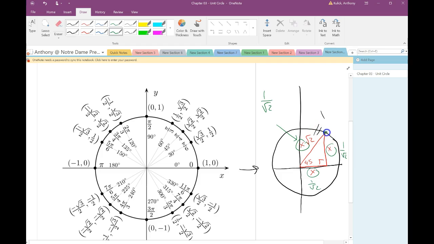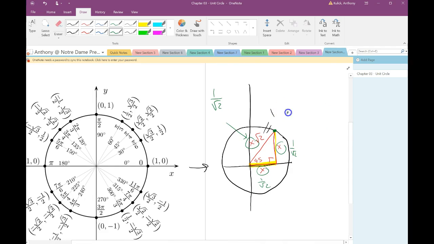Which means this point, we've gone 1 over the square root of 2 over, and 1 over the square root of 2 up. And that's the same thing as square root 2 over 2, right? Everybody's okay with that idea?